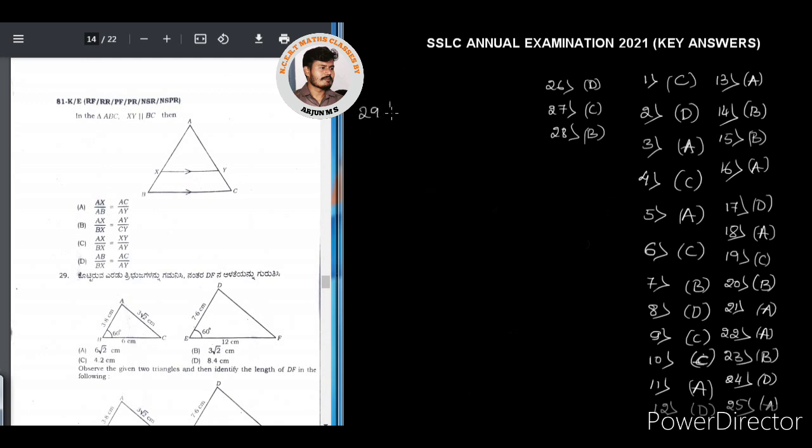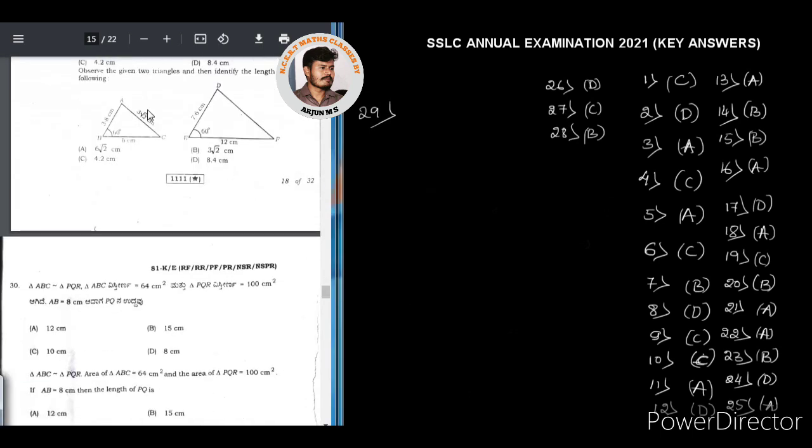Then 29th question. In the given diagram, observe the two triangles and identify the length of DF. We have to find out the length DF here. You just observe AB is 3.8.